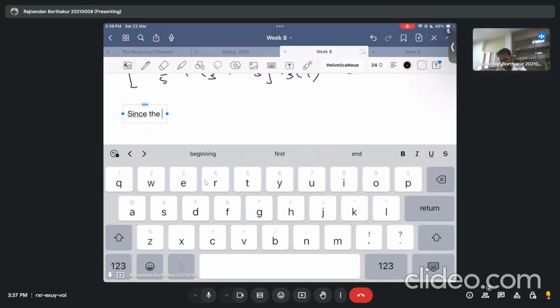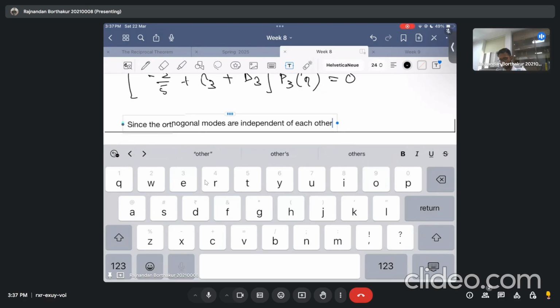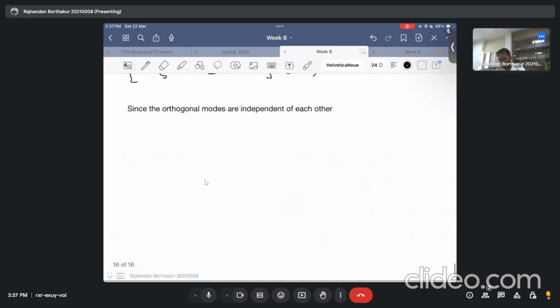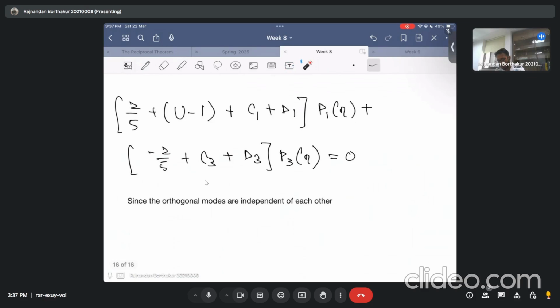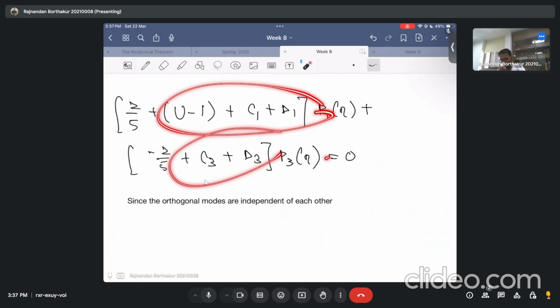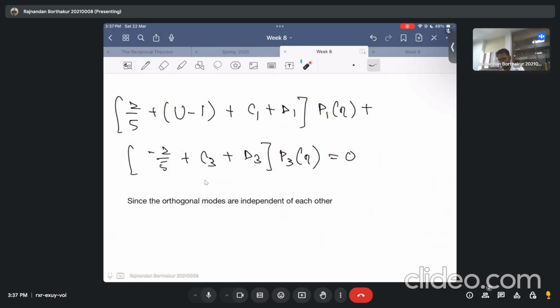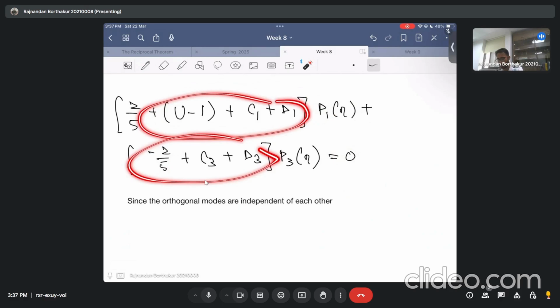Since the orthogonal modes are independent of each other, and I want these two terms to be equal to 0, the only possibility is that the coefficients individually have to be equal to 0.